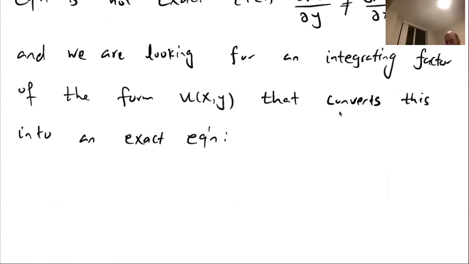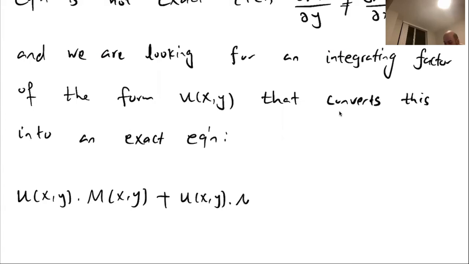So if I multiply both sides by u, then I'll have u of x and y times M of x and y plus u of x and y times N of x and y dy/dx equals 0.